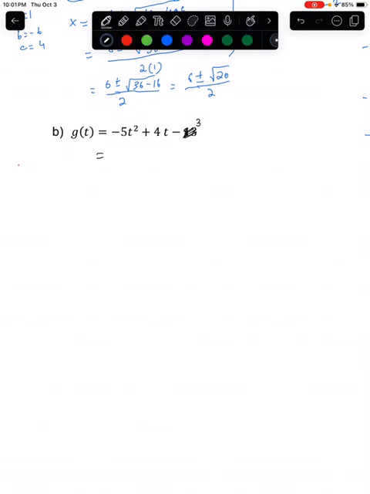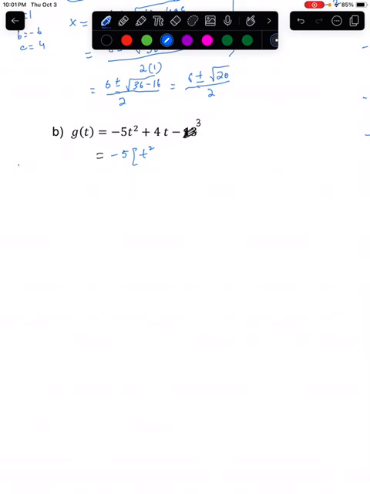to understand what's happening. And what I'm going to do now is factor out the negative 5 from all the terms. So we write negative 5. When factored out from the first term, it gives us just t squared. Then what do I get next?